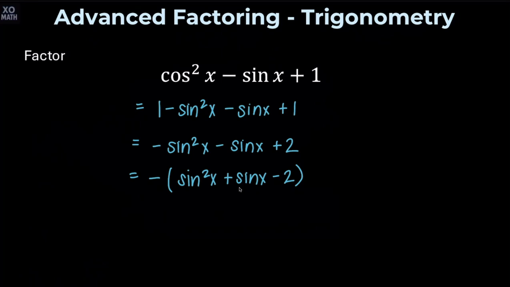So I'm going to go straight to setting up the factorization. I'm going to leave the negative out there, and then this is going to factor to sine x and sine x are going to be the first part of each factor. And then I'm looking for two numbers that multiply to give me negative 2, but add together to give me positive 1. So that's going to be positive 2 and negative 1.